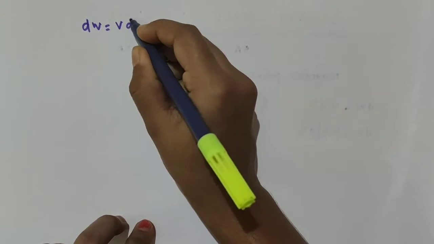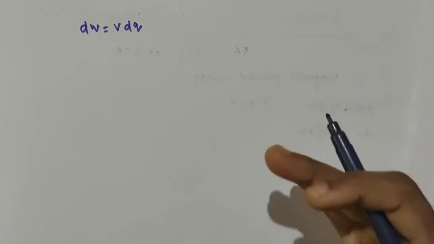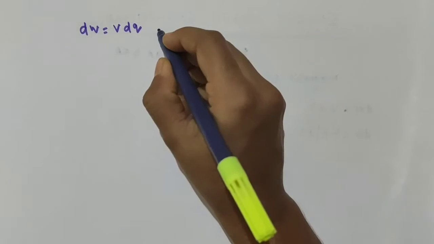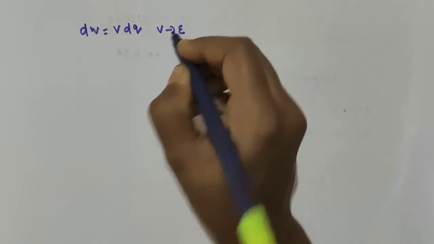Now, we have the formula for the work done, dW is equal to V into dQ. Actually, you have studied this formula in the earlier classes. But in our present discussion, this V is actually the induced EMF epsilon.